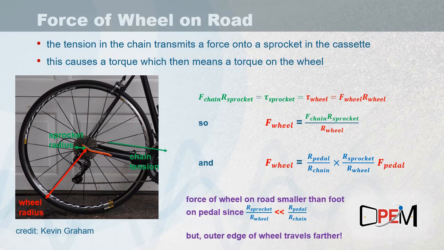Here it's kind of the opposite. You have a larger force that you're imparting to the pedals than is transmitted to the force of the wheel on the road, but you travel a much further distance on the bicycle than the distance your feet travel around on the pedals.